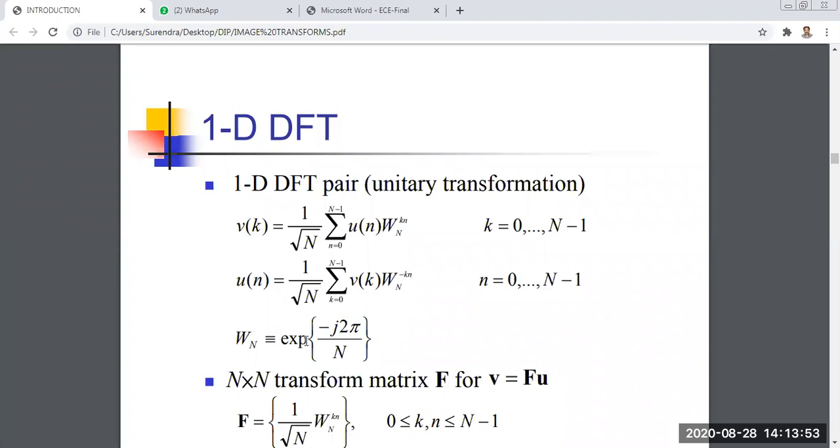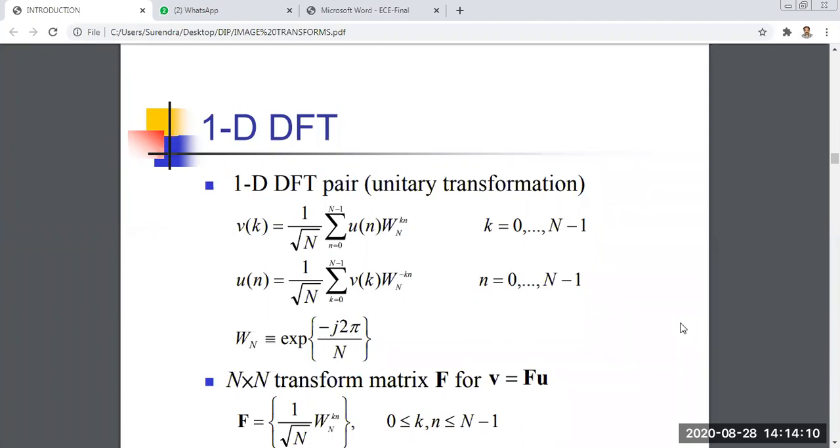Here W N is given by e power minus j 2 pi by capital N. For simplification purposes we are replacing this W N quantity with e power minus j 2 pi by capital N.